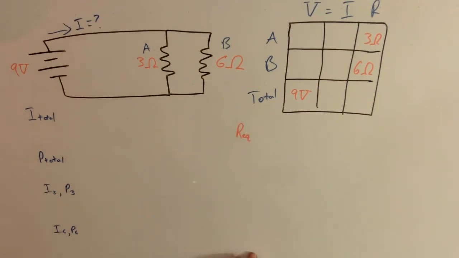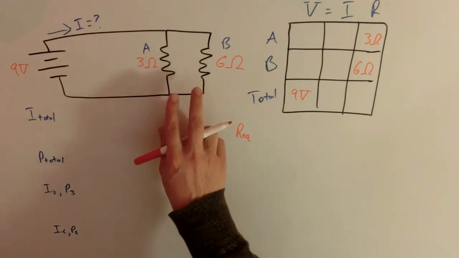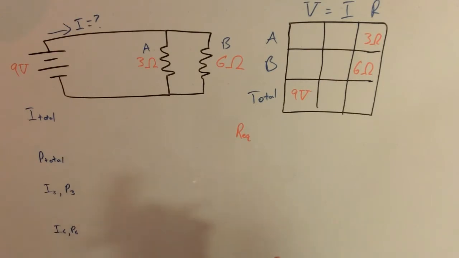And so if I want to find my equivalent resistance, Req, the equivalent resistance, again, is where we find out how these 2 resistors act together, and then we replace them with an imaginary 1 resistor that acts the same way.